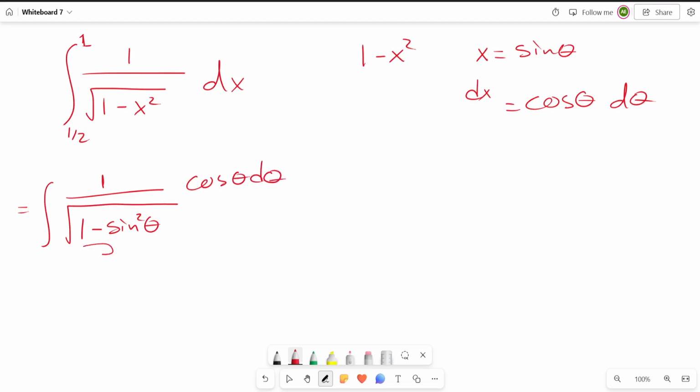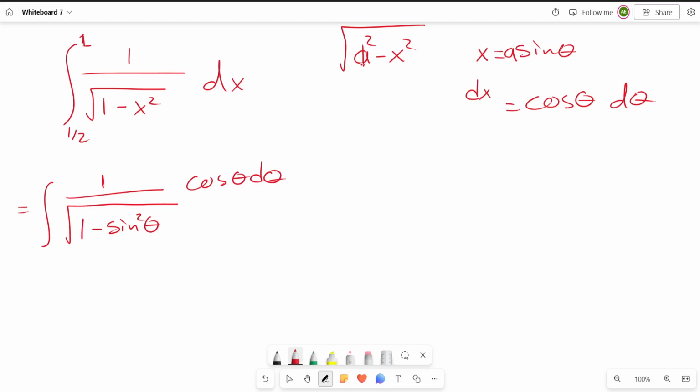Over here, this is the reason why I substituted with sine theta. And by the way, the substitution is x equals a sine theta. Whenever I have a square root of a squared minus x squared, I will substitute x equals a sine theta.